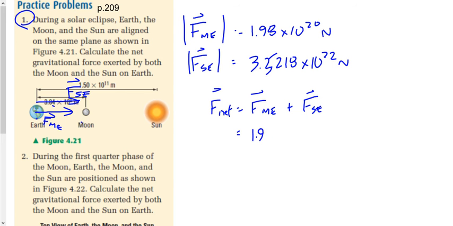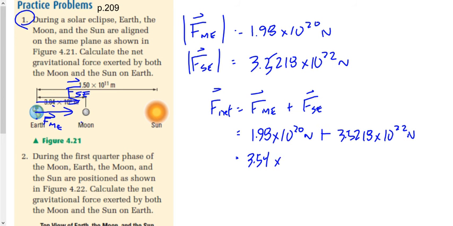We're going to say 1.98 times 10 to the 20 newtons plus 3.5218 times 10 to the 22 newtons. And what do we get? I think yesterday was when the Earth was between the moon and the sun. I think it was 3.50, wasn't it? 3.54 times 10 to the 22 newtons.